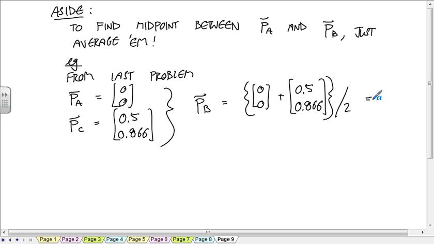Sort of a nice tool to have, since we're going to be doing a lot of geometrical stuff, and especially since the weight is always acting at the midpoint of members.